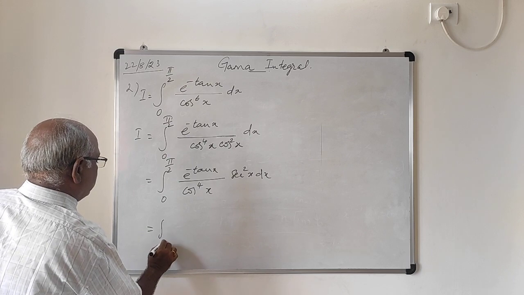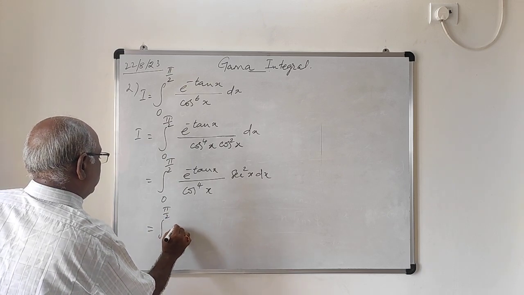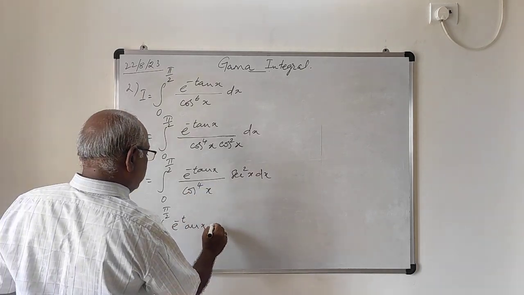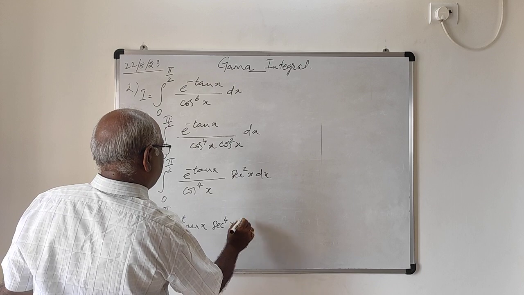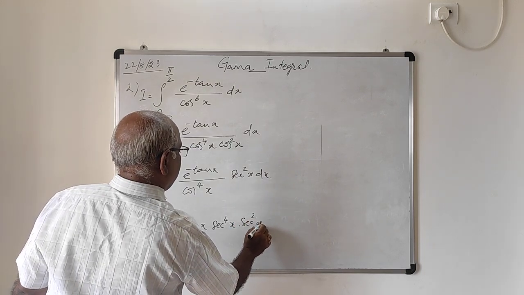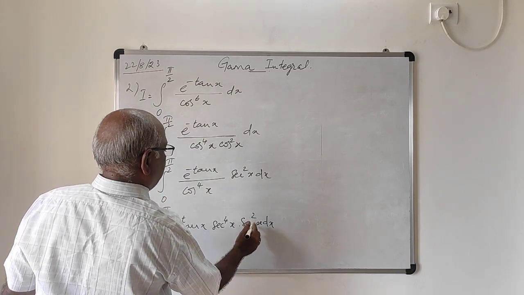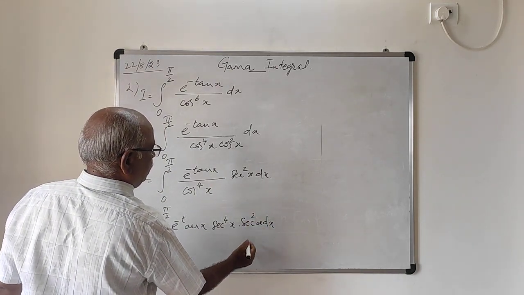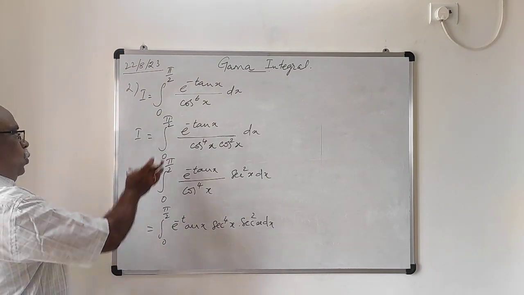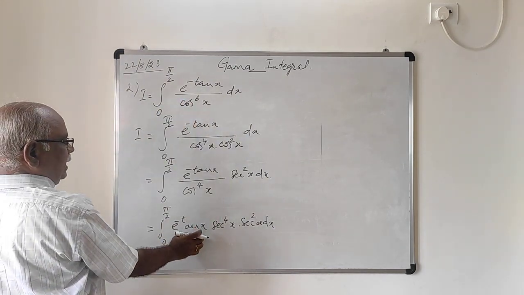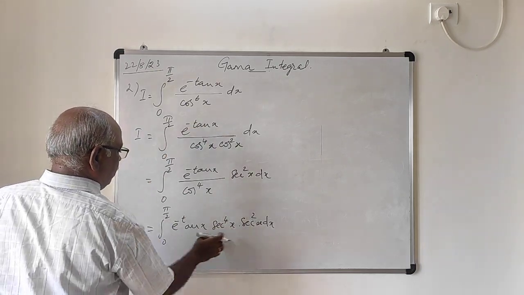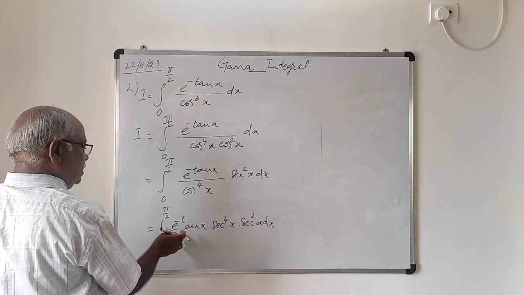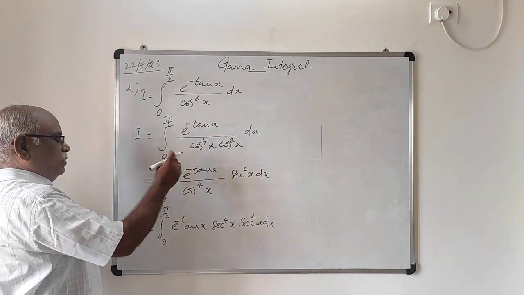Again, bringing cos power 4 to the numerator, it becomes secant power 4x into secant square x dx. The problem can be expressed in this form after reducing these terms.